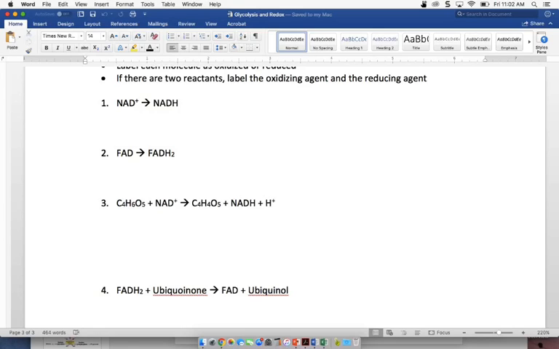So you may remember that on Wednesday, one of the things that we talked about was there's an oxidizing reagent, there's a reducing reagent, and there's an oxidized product and a reduced product.